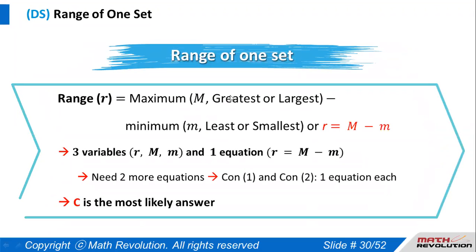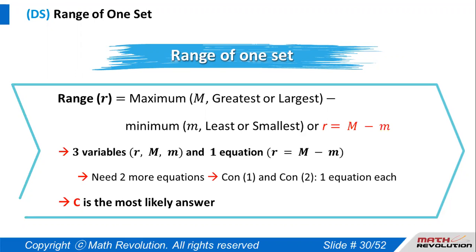Let's go ahead with the range of one set. If you are given range R, maximum, which could be capital M, the greatest or the largest, minus minimum, which is small m. Now, this is specifically for data sufficiency. For the range question, I'll go very slow on this. If there happens to be a range question in DS, you have a maximum value M, you have a minimum value small m, so your range becomes R, which is a variable, equals capital M minus small m.